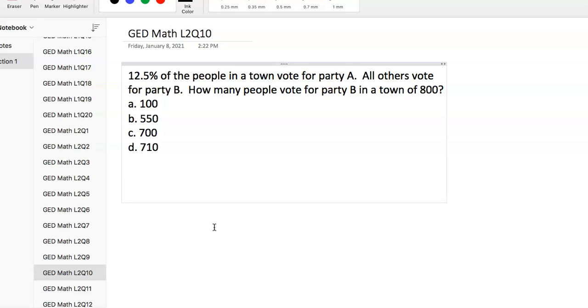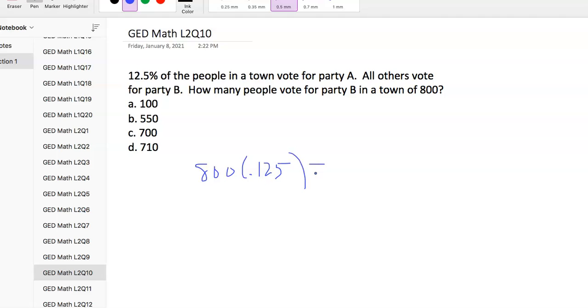Okay, if we start off, we have 800 in the town, and 12.5%, or 0.125, vote for Party A. If we multiply that out, 800 times 0.125, you'll just have to trust me, that equals 100. So that means 100 people vote for Party A.